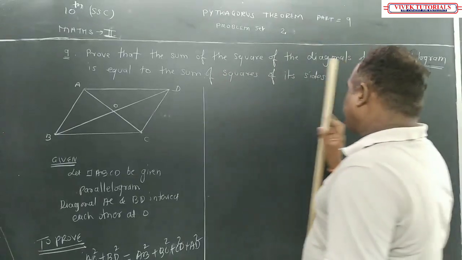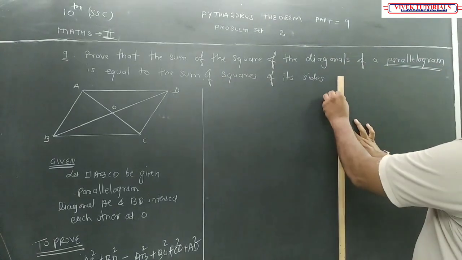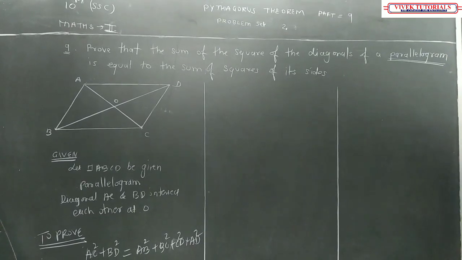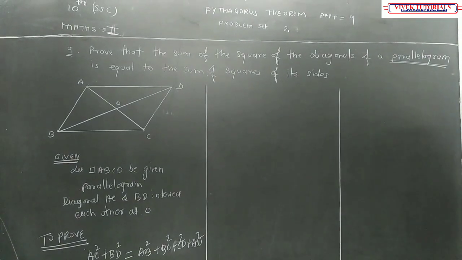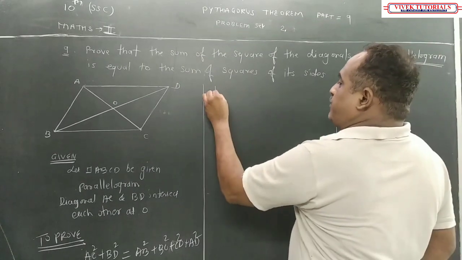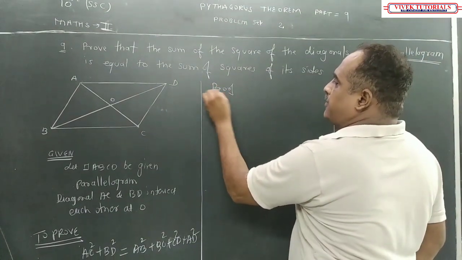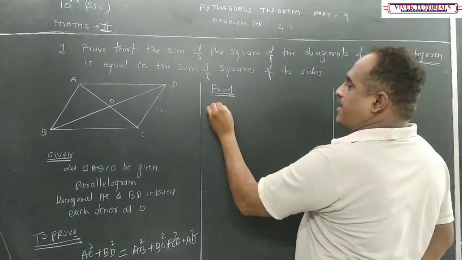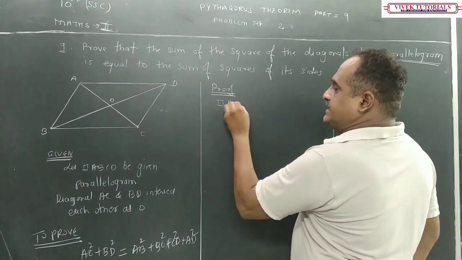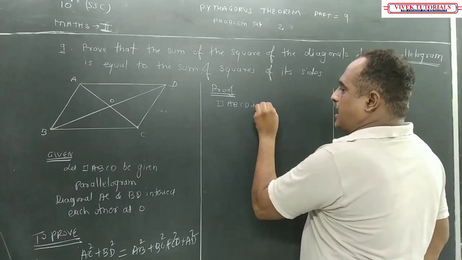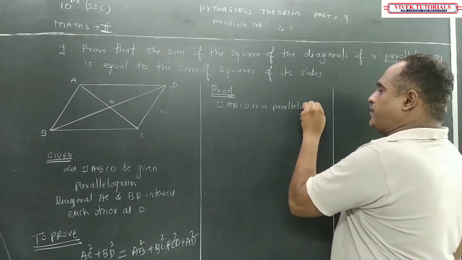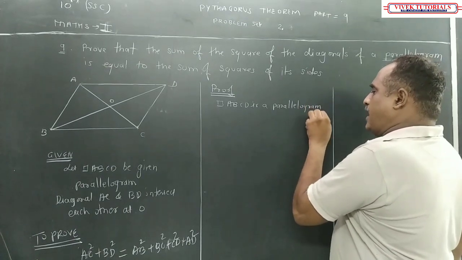So now we'll start with the proof. First of all, quadrilateral ABCD is a parallelogram. This part is given.